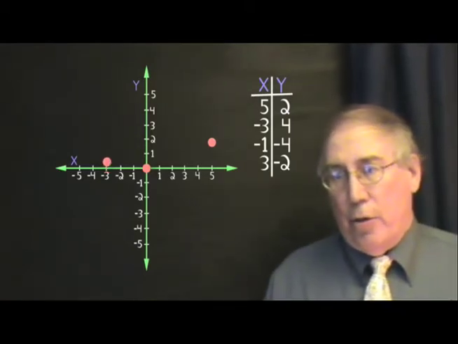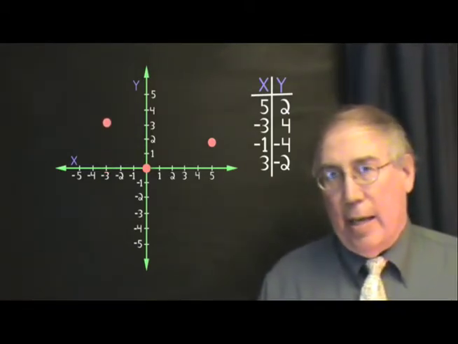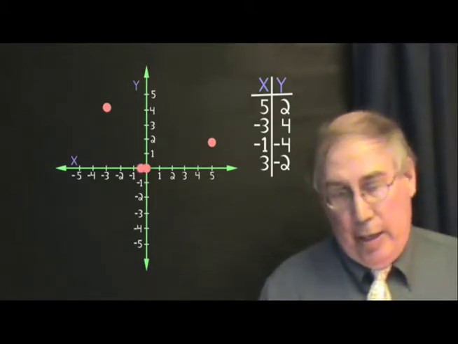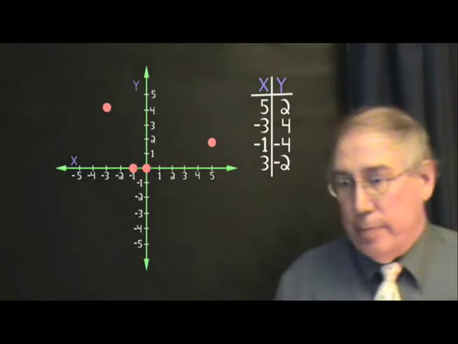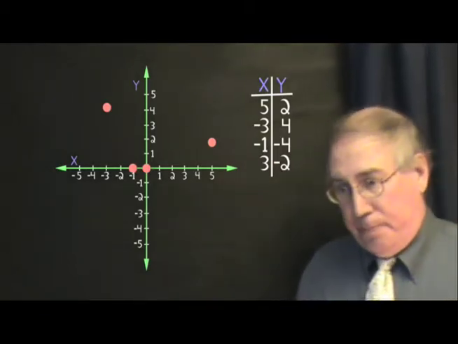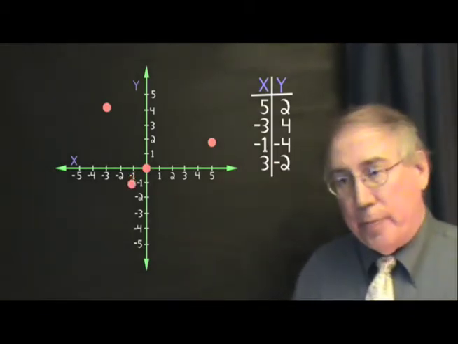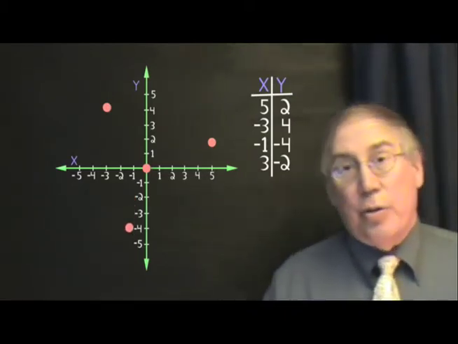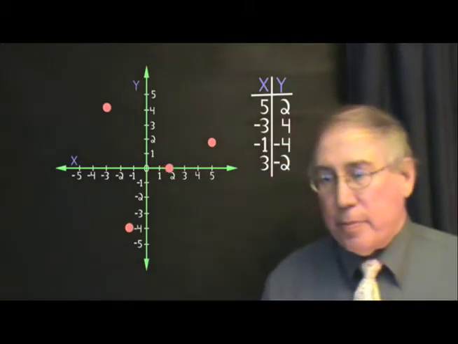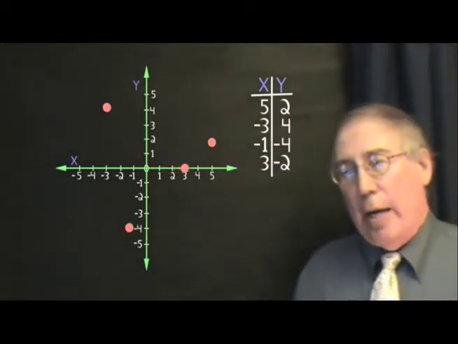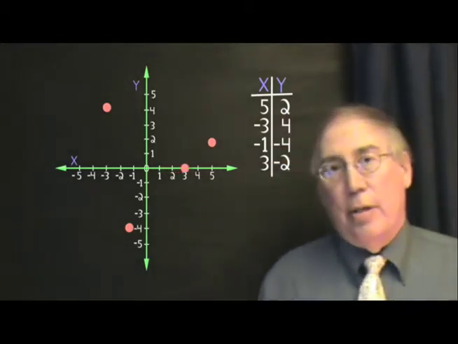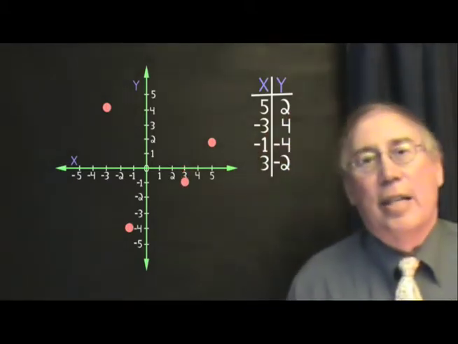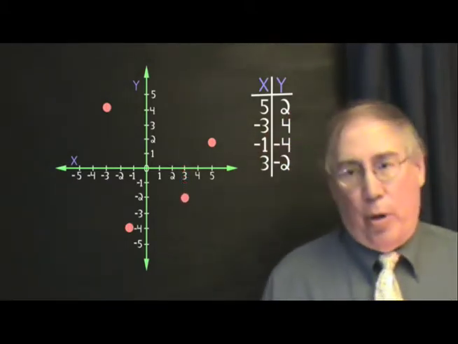And then we go 3 to the left and 4 up, and that gives us a point in the second quadrant. And then we go 1 to the left of 0 and 4 down. That gets us into the third quadrant. And then we go 3 to the right and 2 down, and that puts us in the fourth quadrant.